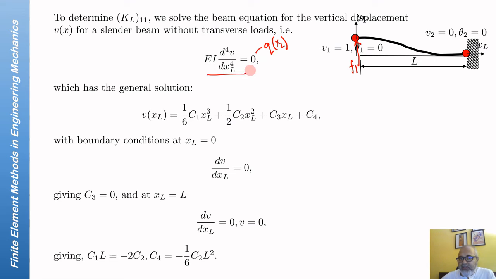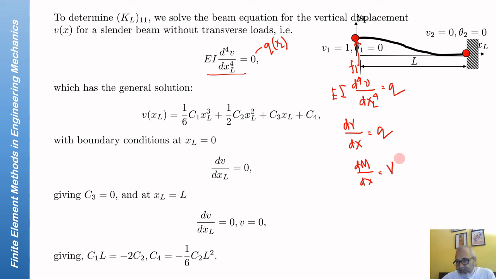But this equation actually is EI d4V/dxL4 equal to Q. You also remember that dV/dx is equal to Q, and then dM/dx is equal to V. This V is the shear force, so V(xL), and this is also V(xL). Don't confuse it with the vertical displacement.